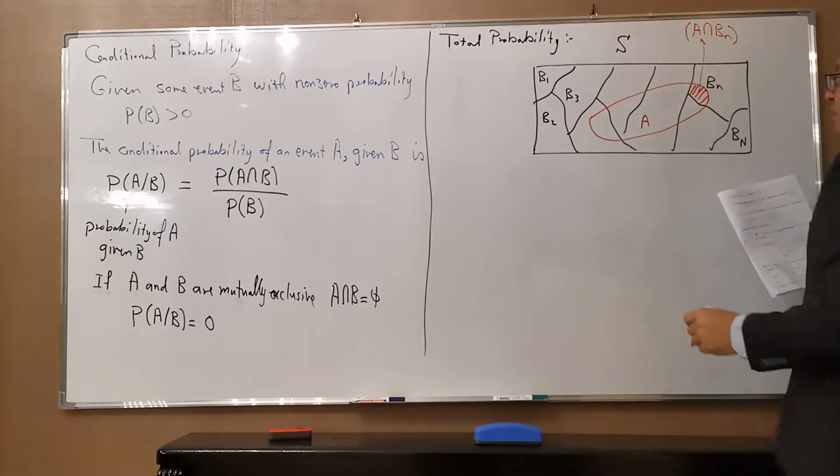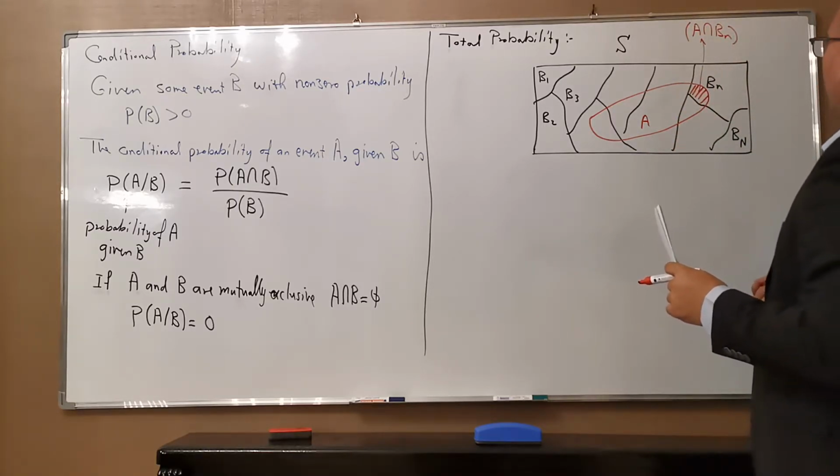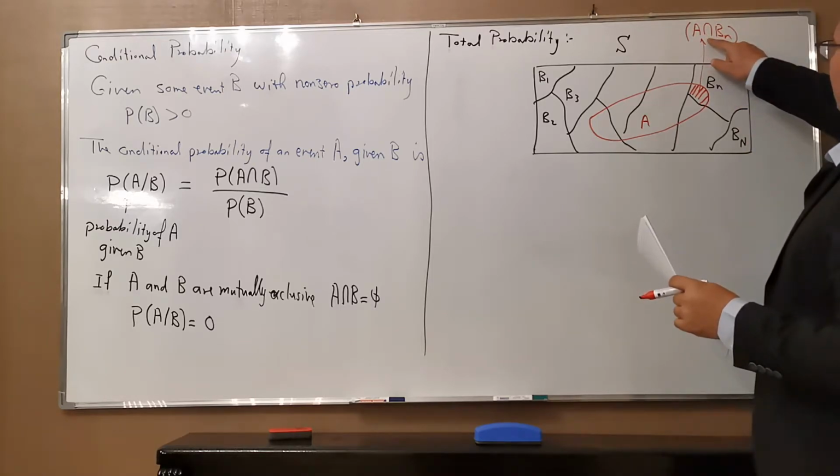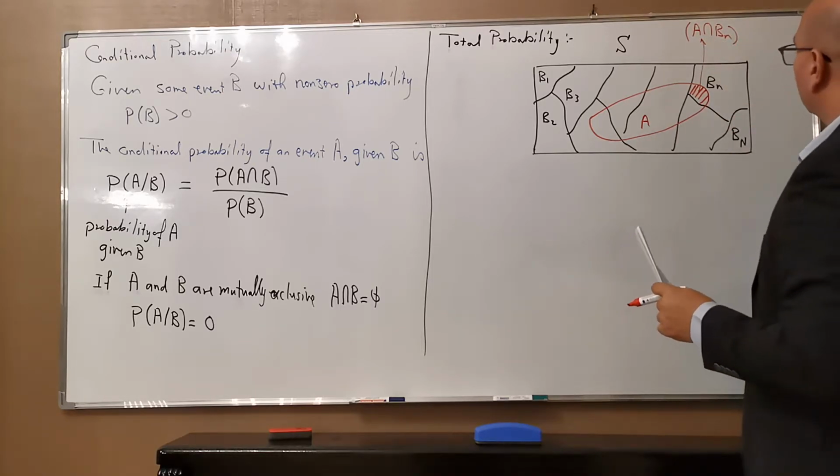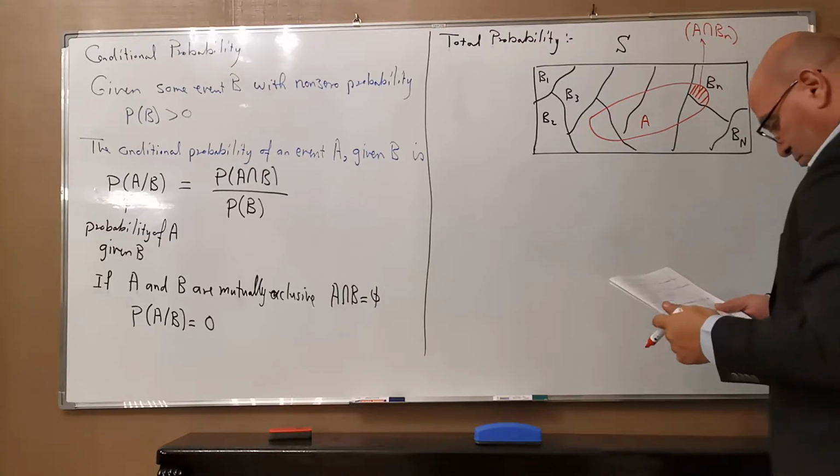So this part of the event A is A and Bn, or the joint probability between A and Bn.